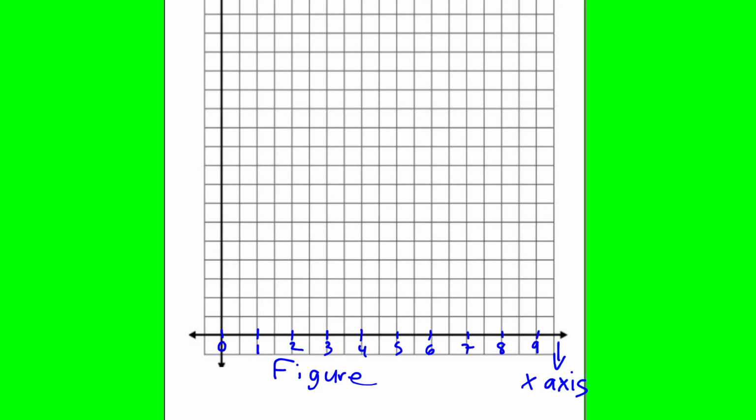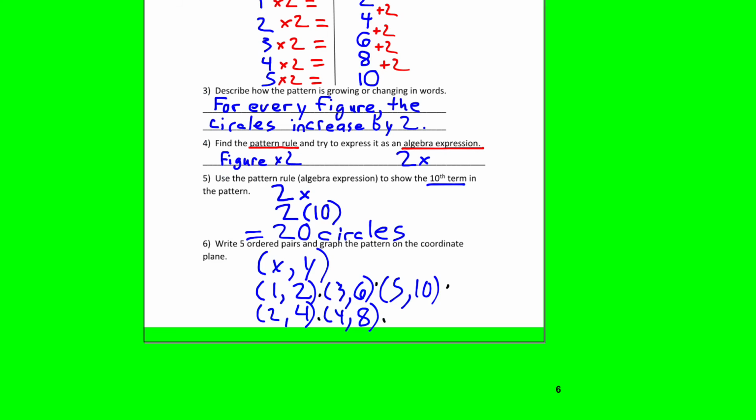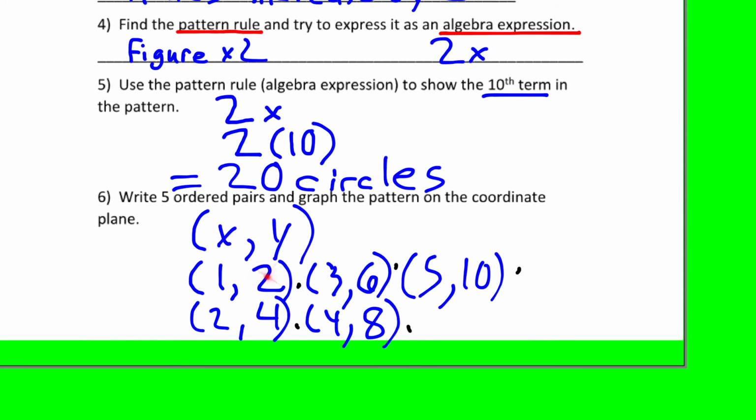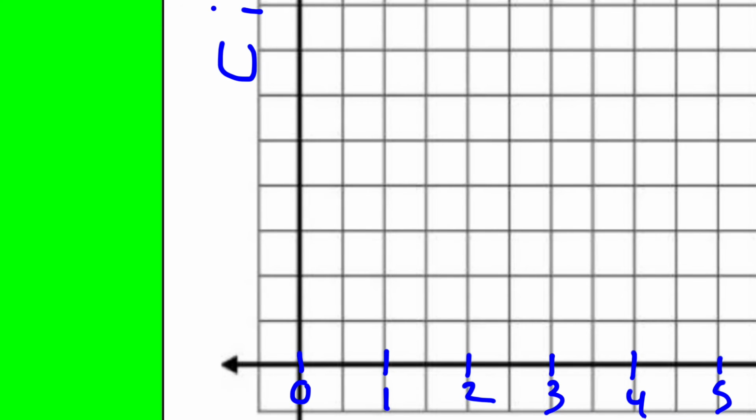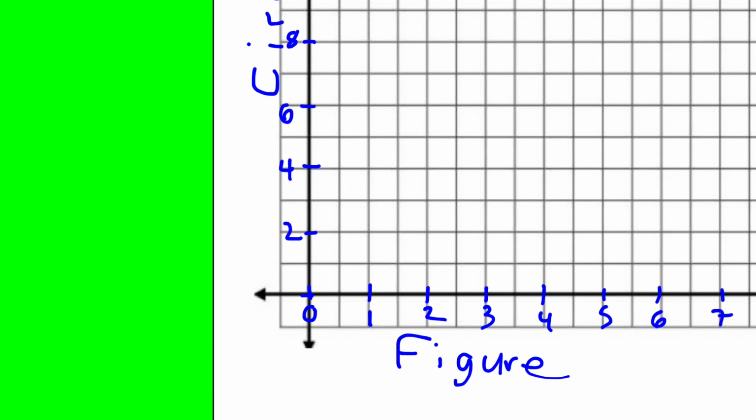So over here, I'm going to call the y-axis circles. If I look at how my y-axis is increasing, it's going 2, 4, 6, 8, 10. So on my y-axis, I'll start at 0, and then 2, 4, 6, 8, 10.